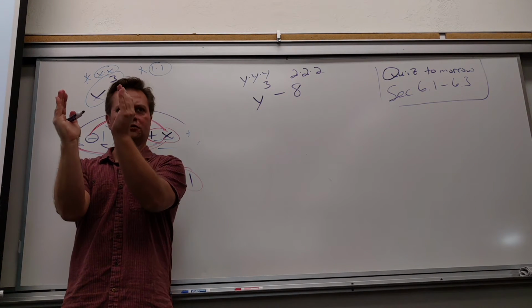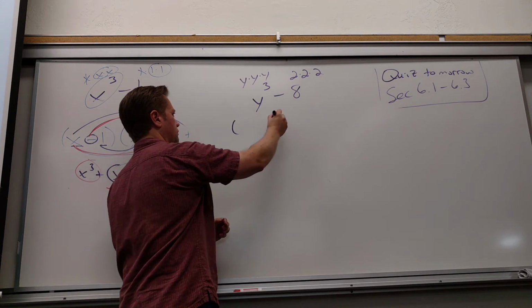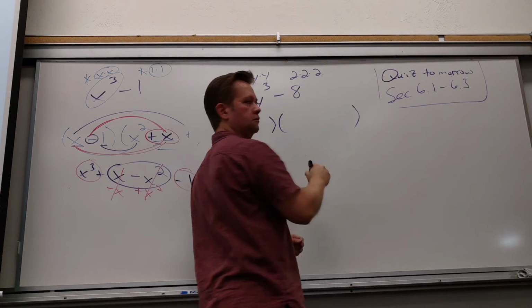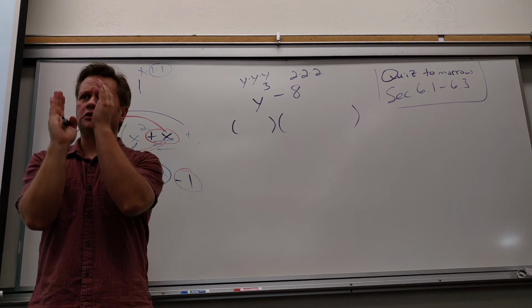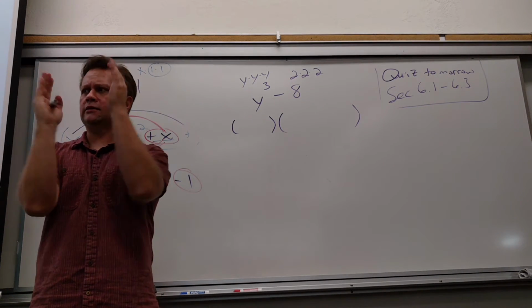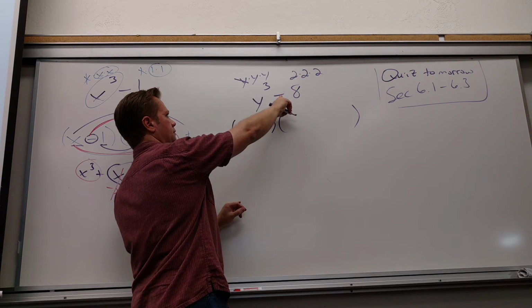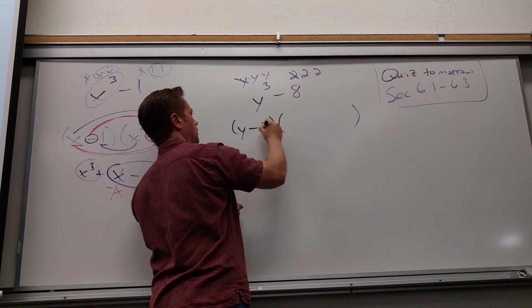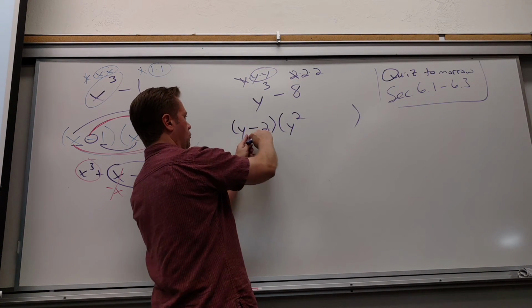I'm always going to have a little one and a big one. Little one: y minus 2. The little one is tiny, so you can only put one of everything in. So I put 1 y, y minus 2, 1, 2. The 2 y's go here, so that overall I get y cubed.